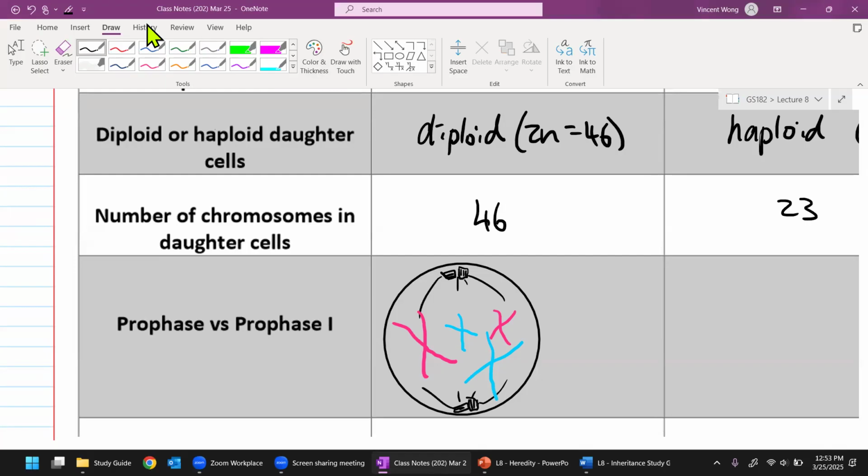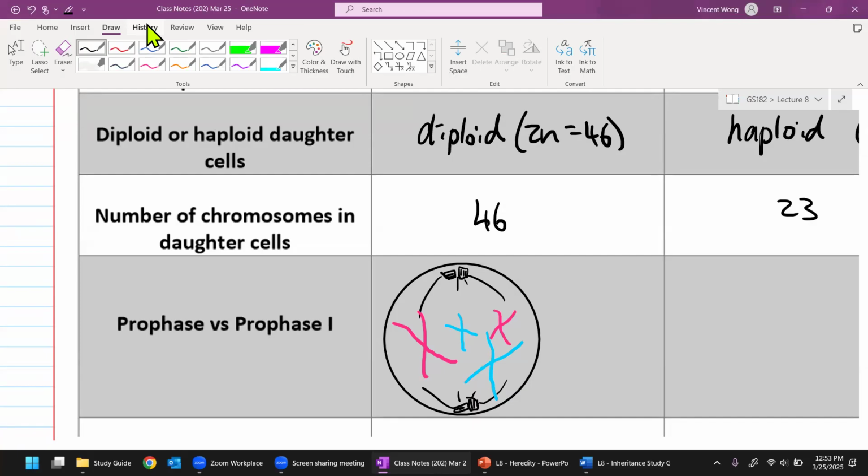So, what is the name we use to describe these 2 chromosomes? Chromosome 1 from mom and chromosome 1 from dad, what's the relationship? Starts with H. Homologous, that's right. Okay.